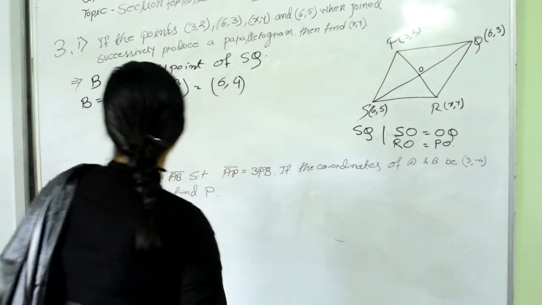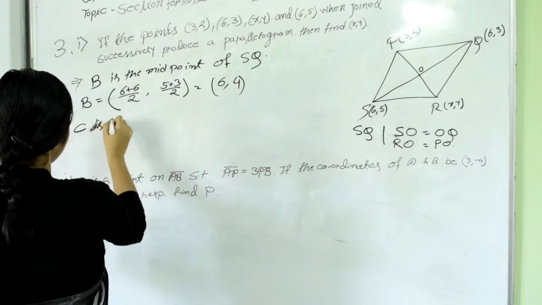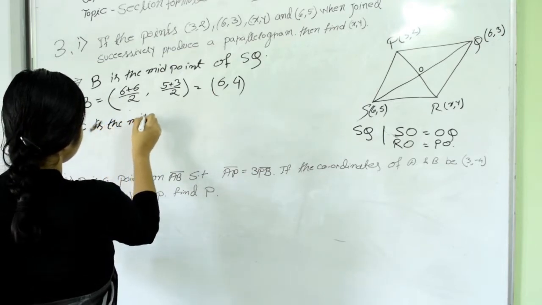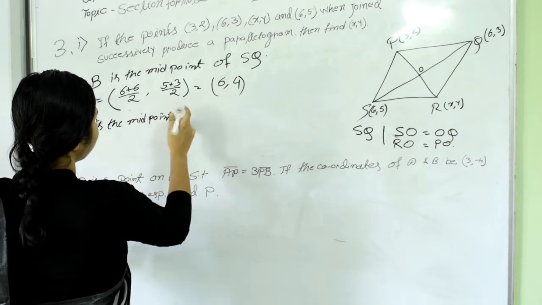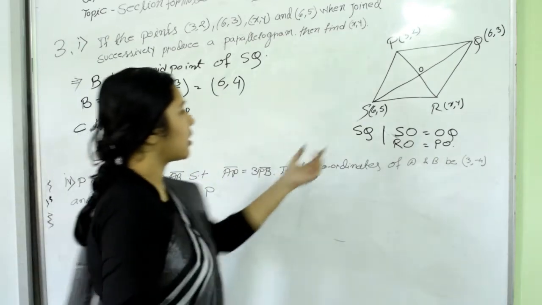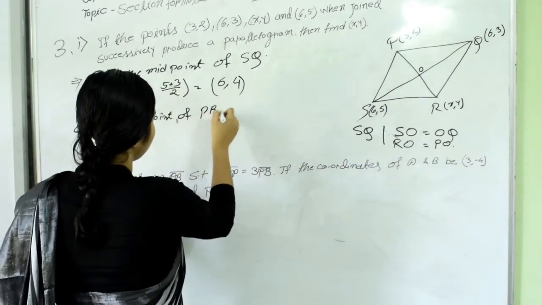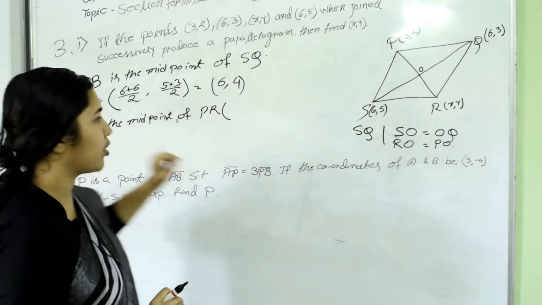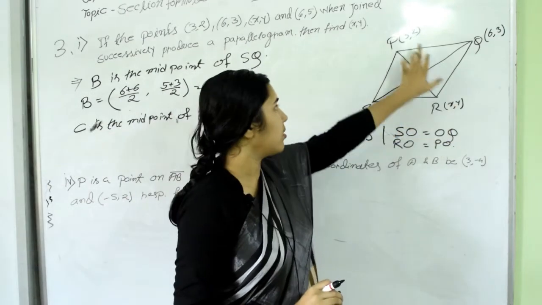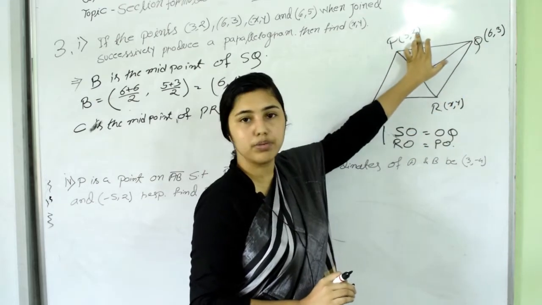And again assume C is the midpoint of the diagonal PR. Then again we know that the coordinate of C will be ((x1 + x2)/2, (y1 + y2)/2).